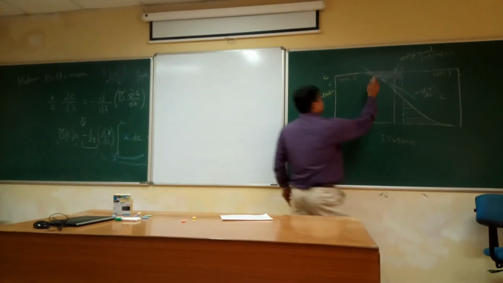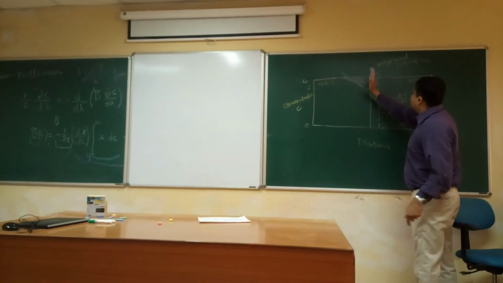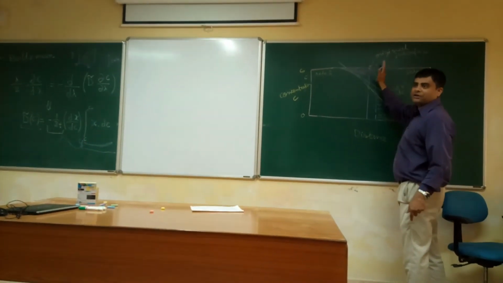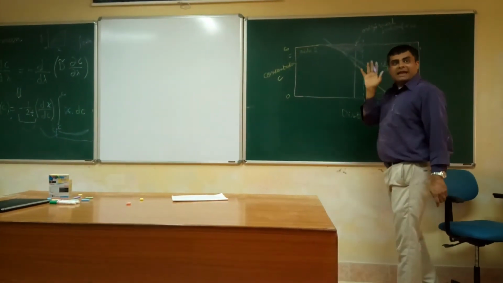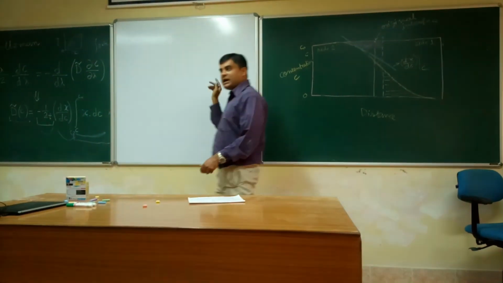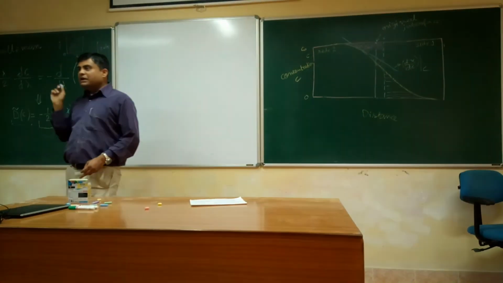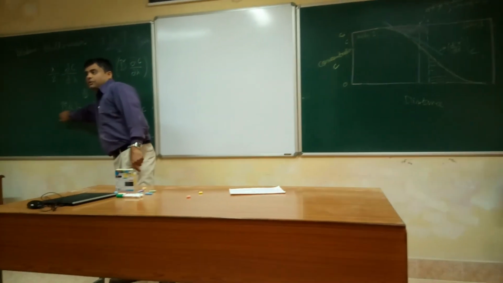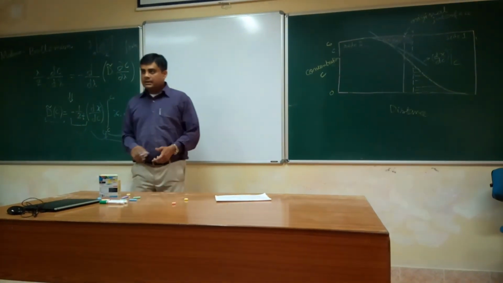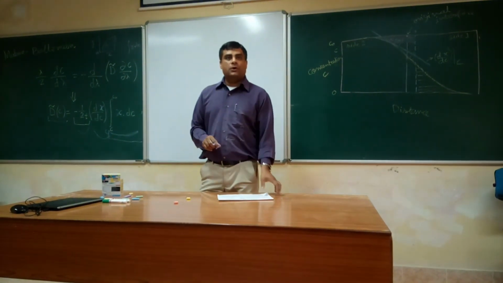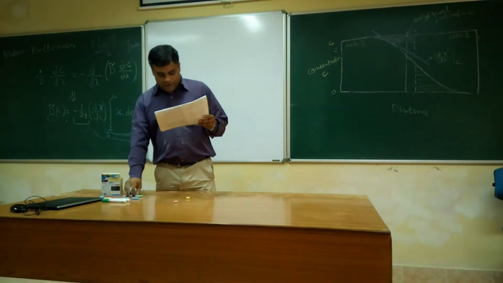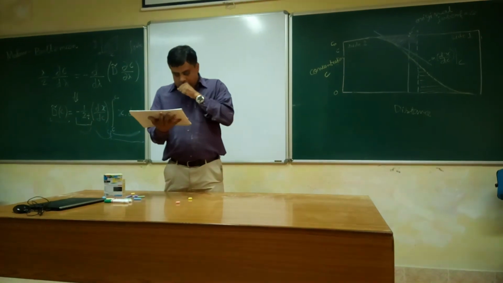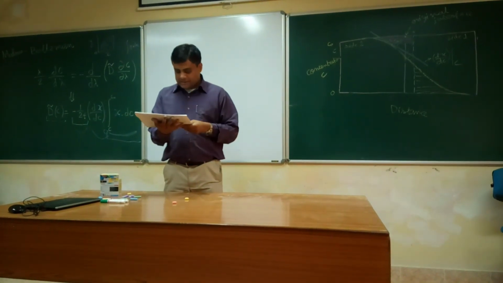Your x curve is this, and the area under it is taken till this point, or this point, or this point. So x equal to 0 you need to know. That's why I wrote there that you need to first define x equal to 0 to be able to find out D. x equal to 0 is usually defined as the origin.